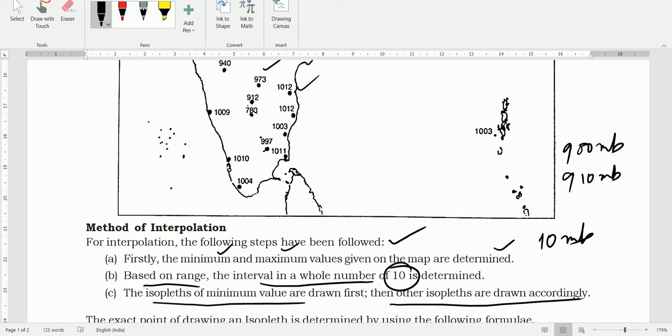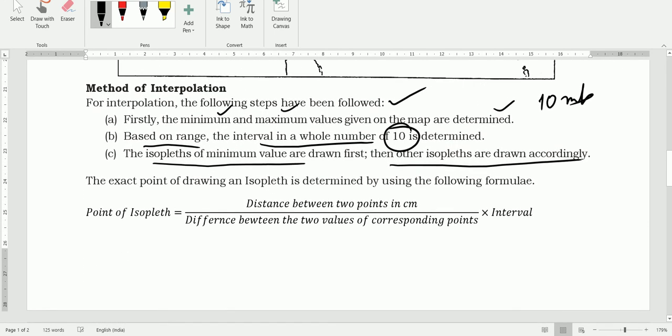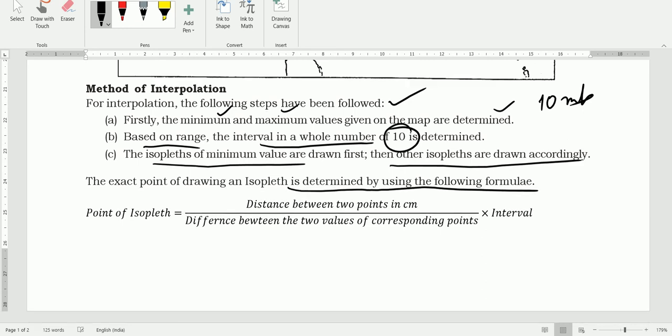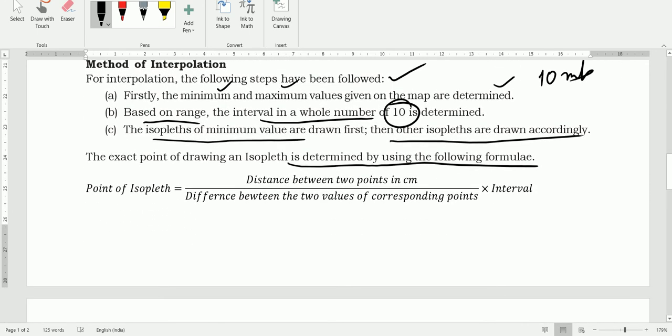And the exact point for drawing an isoplate, where to locate it, say for example this isoplate will be drawn here, like this, is determined by using the following formula.